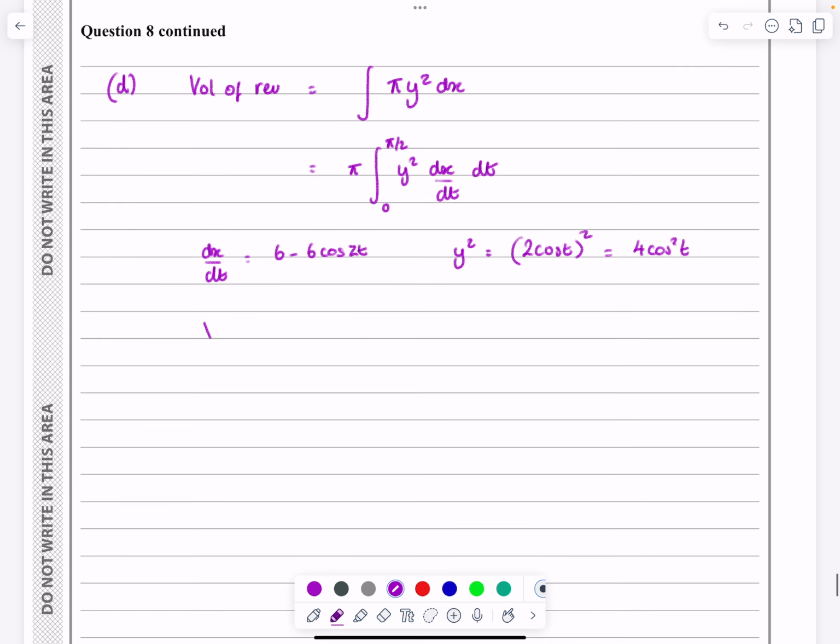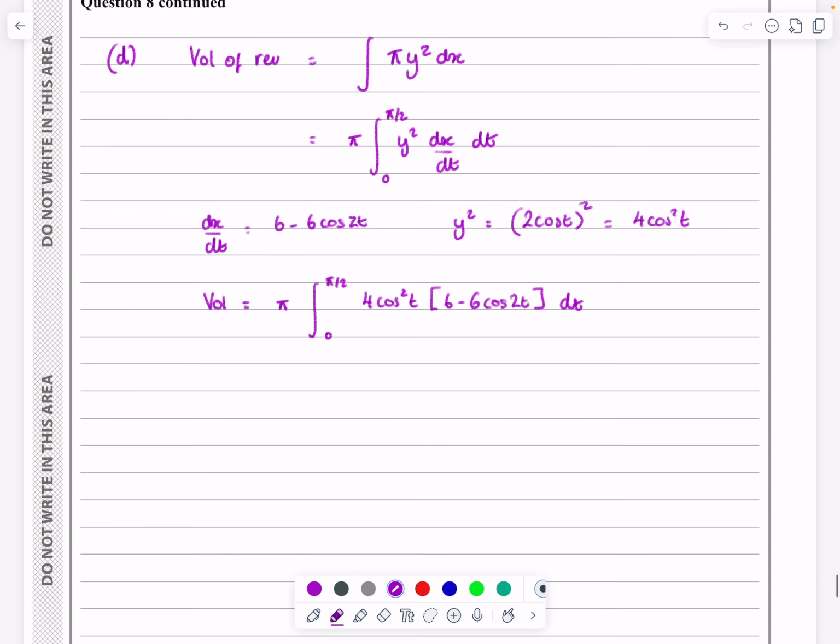So the volume is going to be the integral, let's take the pi out there, between pi over 2 and 0 of 4 cos squared t, and then 6 minus 6 cos 2t dt when we're looking at it.